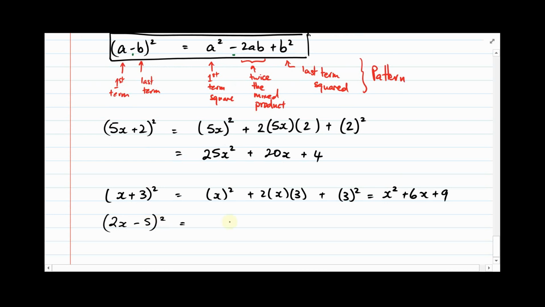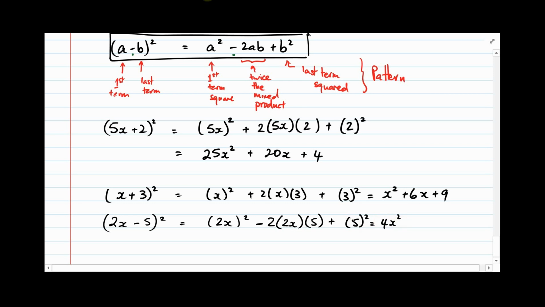Same thing is true. If I'm using the difference, you can use that formula that's at the top of your board right now: 2x squared, put in a minus sign, 2, first term was 2x, last term is 5, and the last term squared. So we'd have 5 squared. Let us expand. We end up with 4x squared.